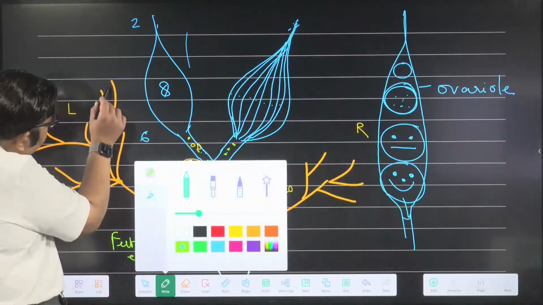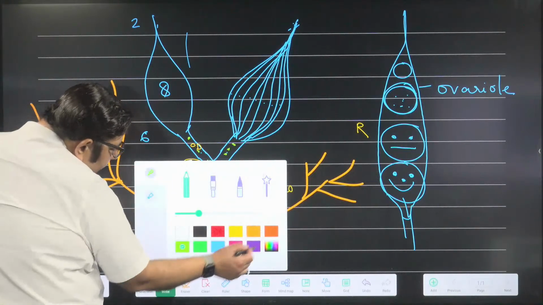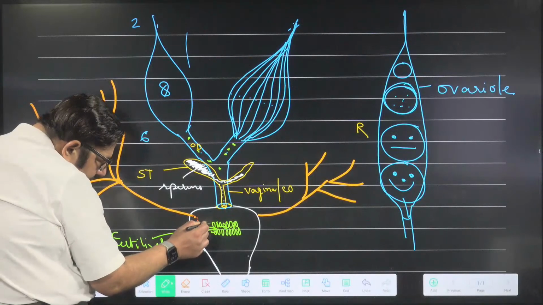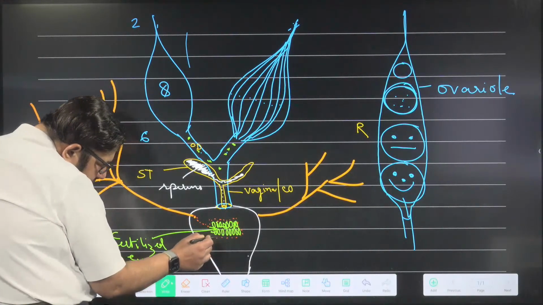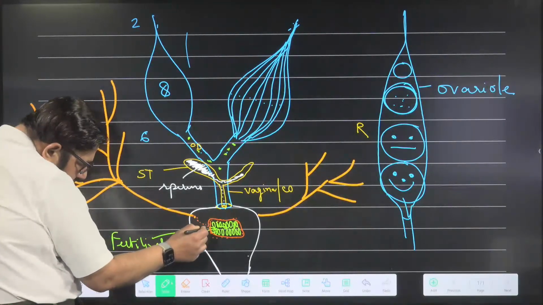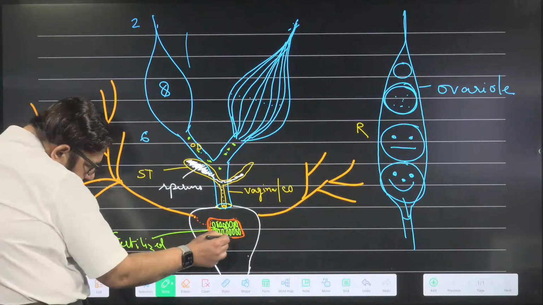And then what are these? These are collateral glands. The collateral glands will pour their secretion, and the secretion will come and cover this structure, forming a thick outer covering.